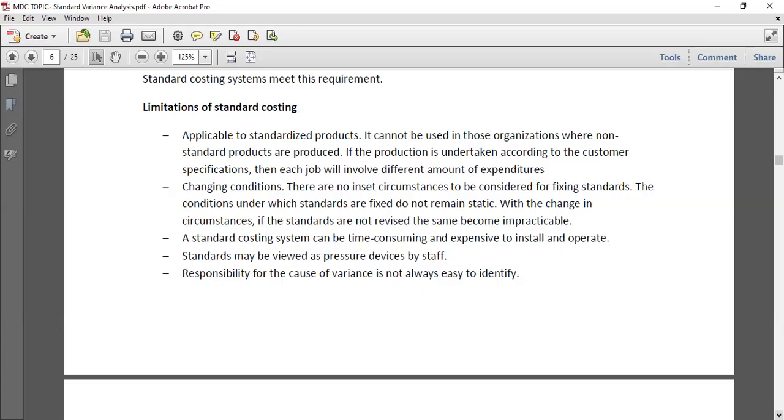And then, yeah, responsibility of the cause of variance is not always easy to identify, okay? And of course, once we get to the variance analysis, you'll be able to see that we get different variances, like maybe price variances, maybe things to do with mix variances and yield variances and so on.